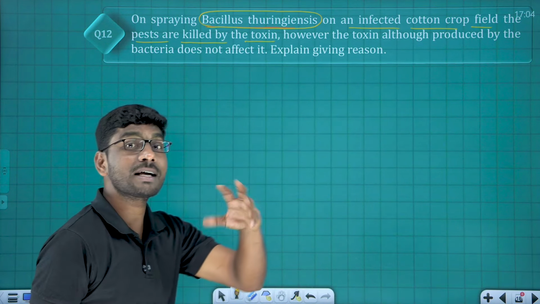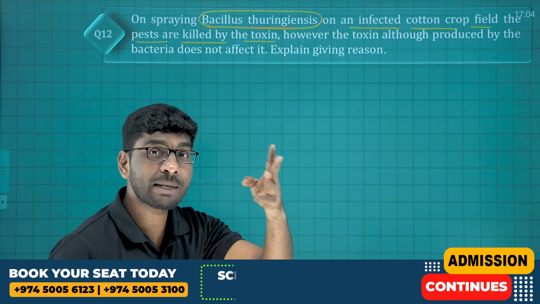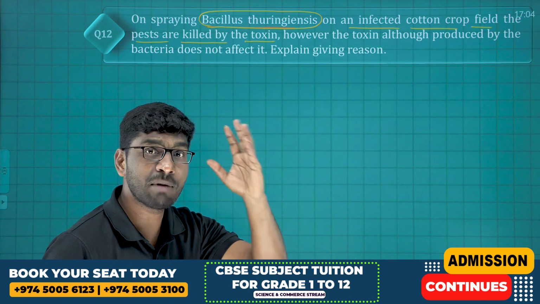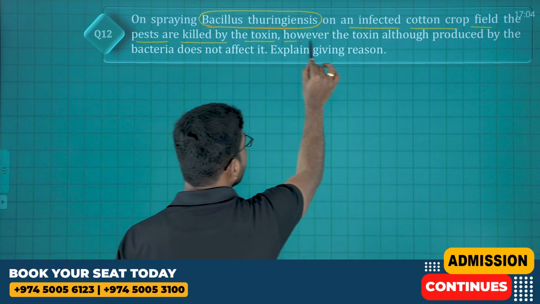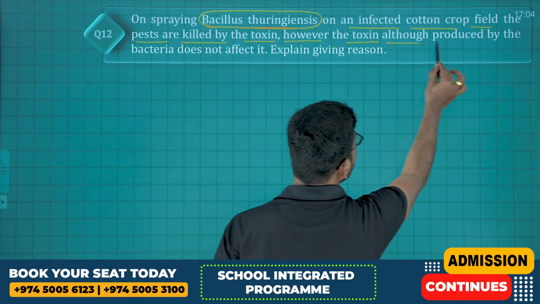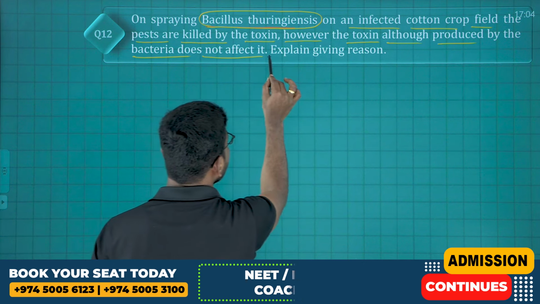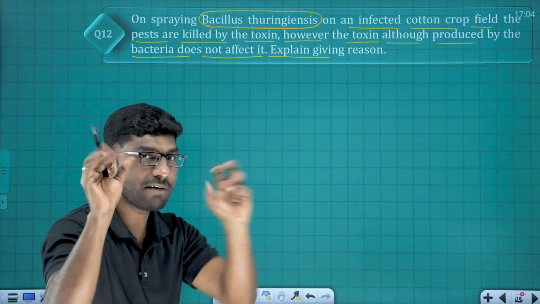What is the toxin? Cry protein, cry gene. Three different types of cry genes we discussed, in the Bacillus thuringiensis bacteria. However, the toxin, although produced by the bacteria, does not affect it. Explain, giving reason.